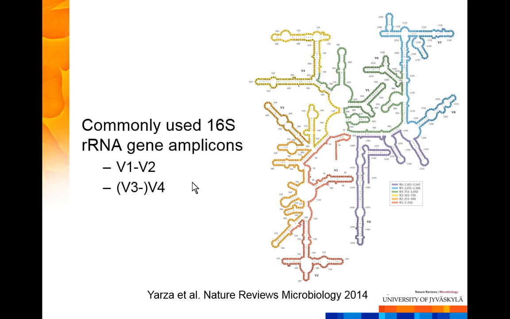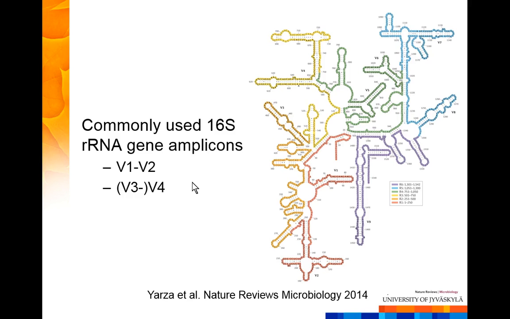We have conserved regions, which are very well conserved, at least within bacteria, sometimes also with archaea. And then we have variable regions. When we talk about the different regions, we usually refer to the variable regions that we want to sequence, because the variable sequences show us the diversity.